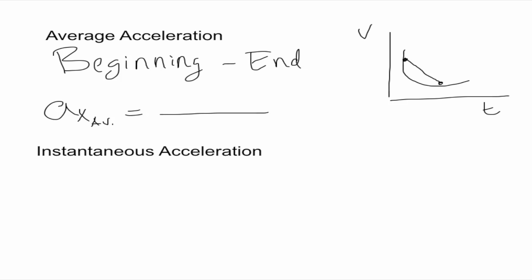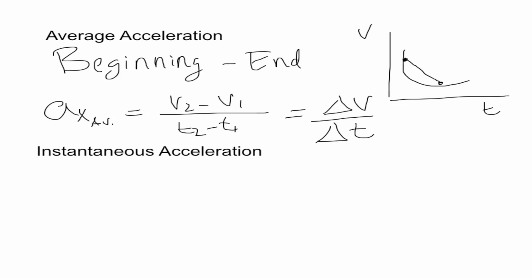So that's going to be y2 minus y1 over x2 minus x1. In this case, y is our velocity. So it will be v2 minus v1 over t2 minus t1. And you can just represent it as the change in velocity over the change in time. And that is average acceleration.